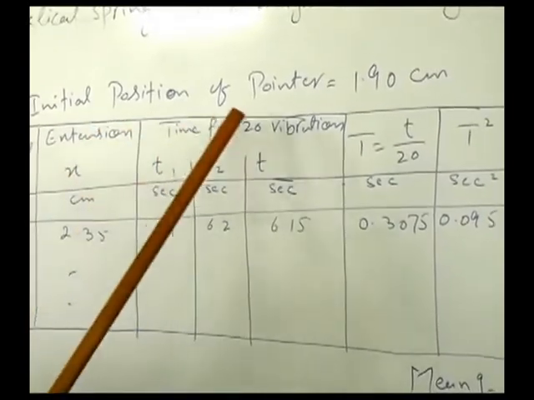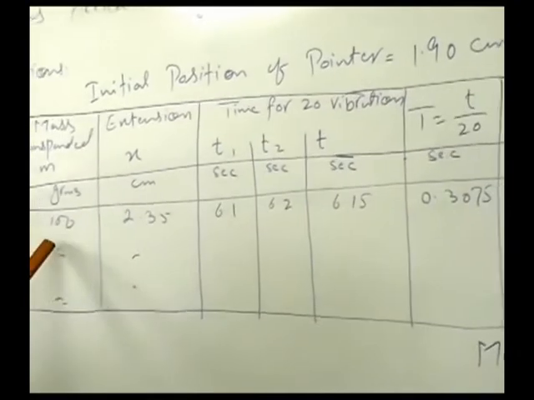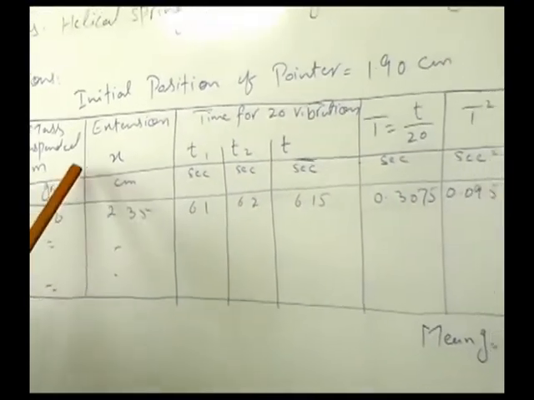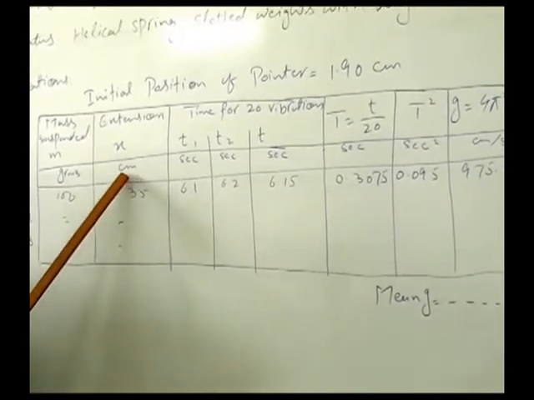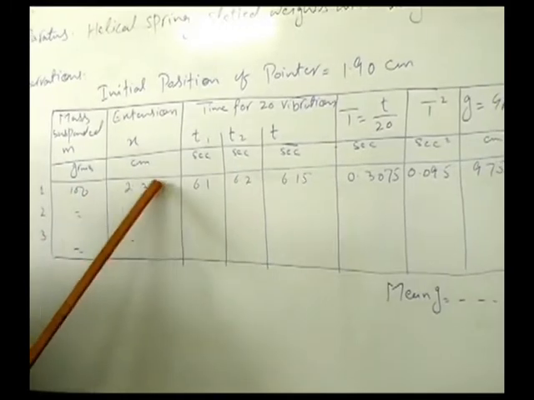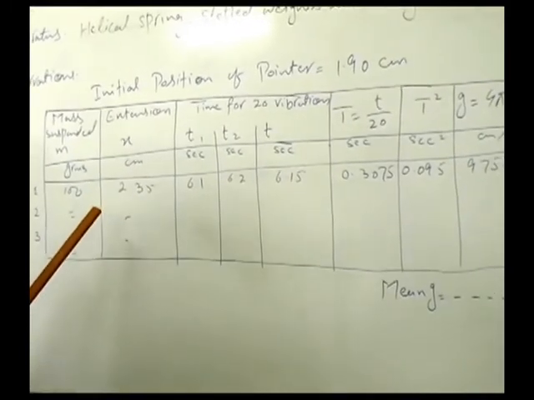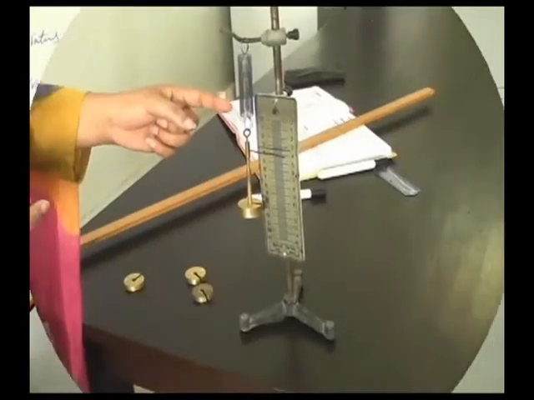The initial position of the pointer was 1.90, and after applying weight of 100 grams, the extension produced is 2.35 centimeter. We have to be careful with units because we have to take all the readings in the same system of units. If we are taking the weights in grams, then extension must be in centimeters.